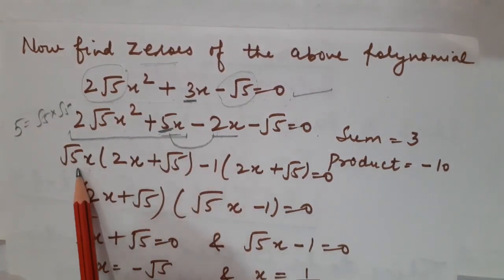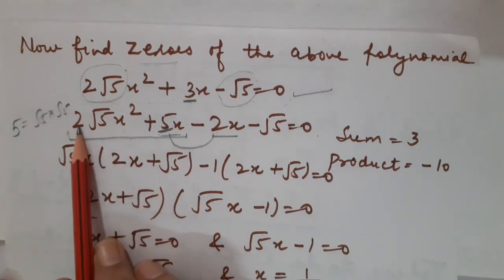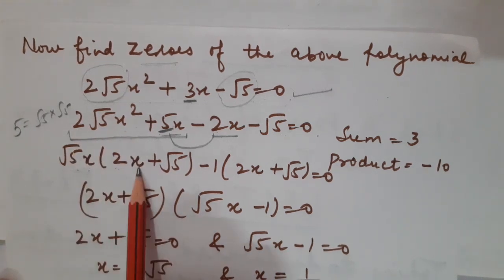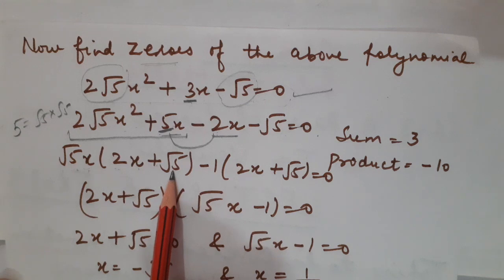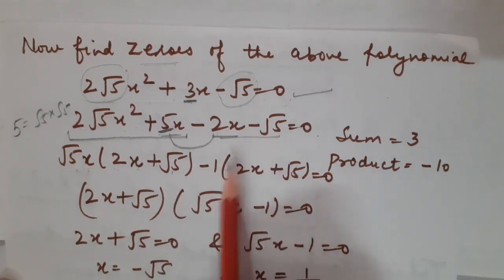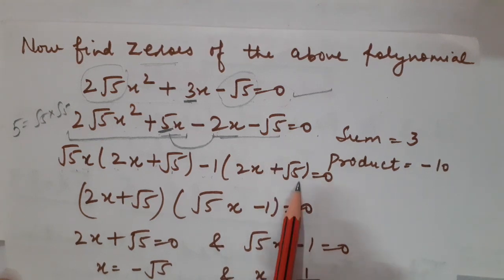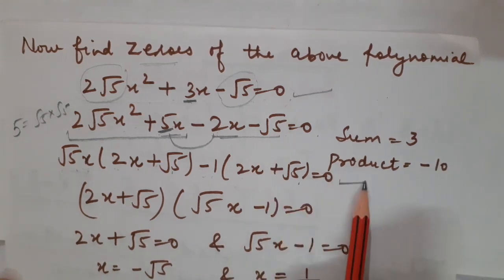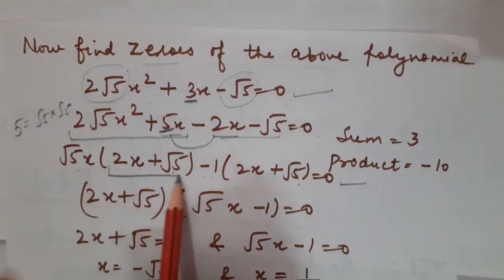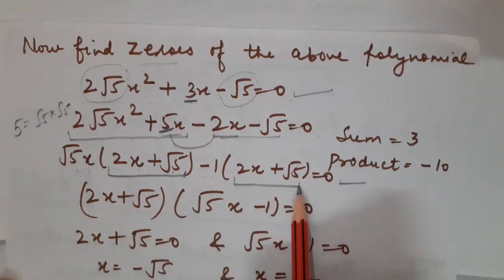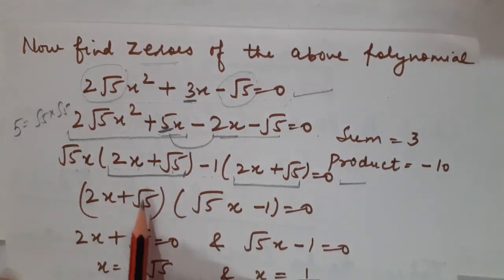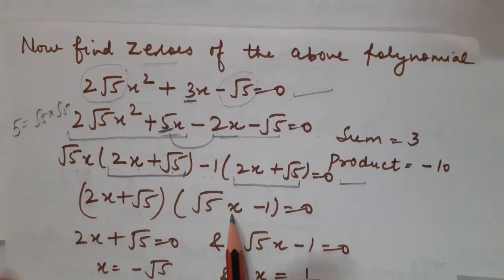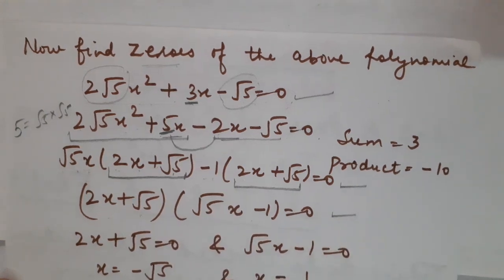So 1 root 5 has been taken as common. Here inside the bracket it is left 2x plus only one time root 5. Correct? From here I have taken minus 1 as common. So this is 2x plus root 5 left in the bracket equal to 0. 2x plus root 5 will be written once. Here I have got root 5x minus 1 equal to 0.